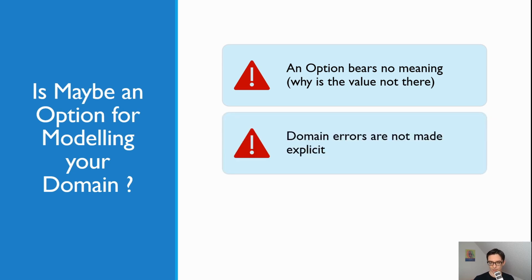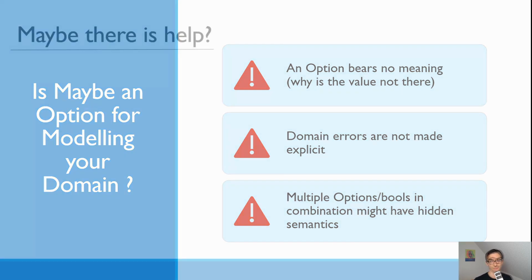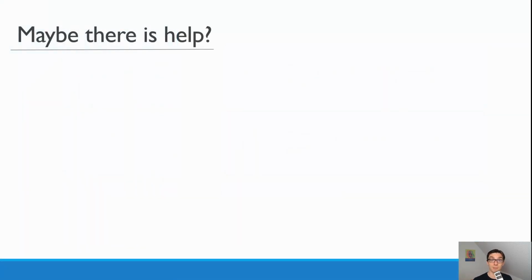And furthermore, domain errors are not made explicit. So we have no clue what could go wrong in our domain and how to encode this. And the last thing I showed you is that multiple options and bools in combination might have hidden semantics in there. So again, the question is, maybe there is help?